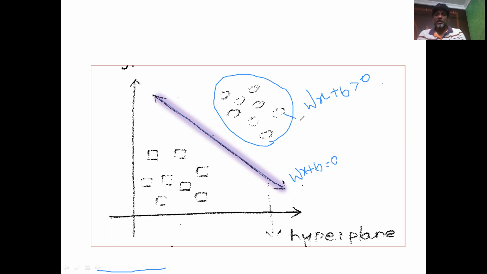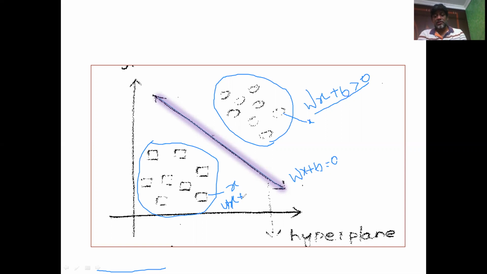Assuming that each of these is x, the input pattern, every x in this class satisfies this particular property: wx + b > 0. And then coming to these patterns, assuming that each of these is an input pattern x, these satisfy the formula wx + b < 0.